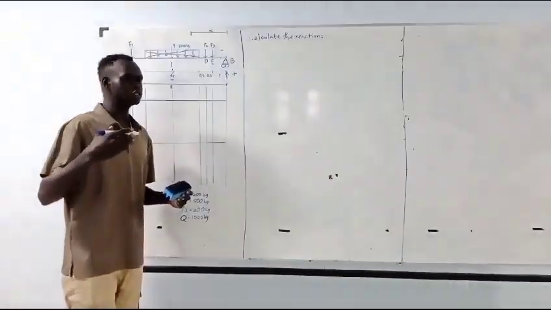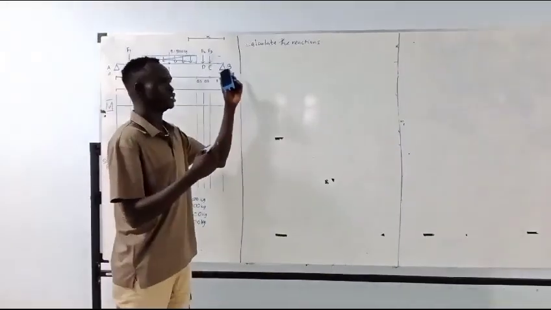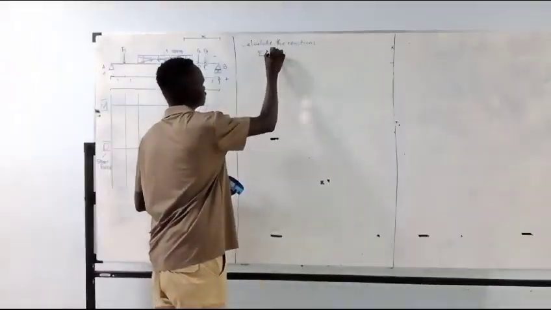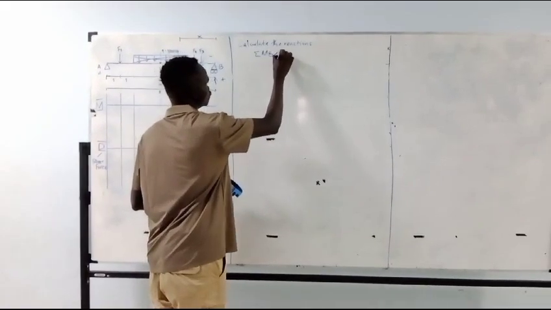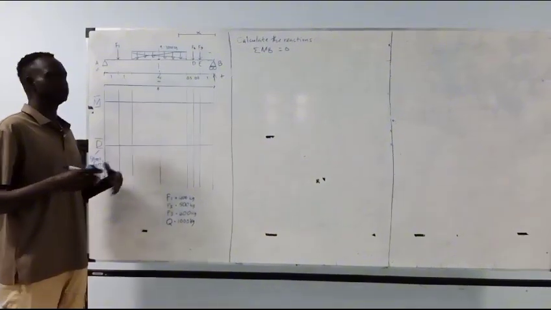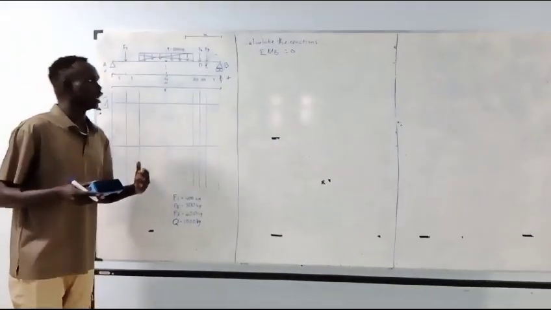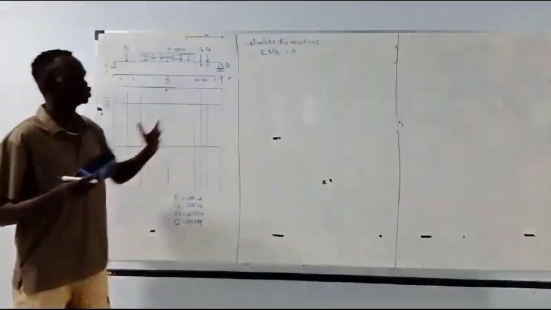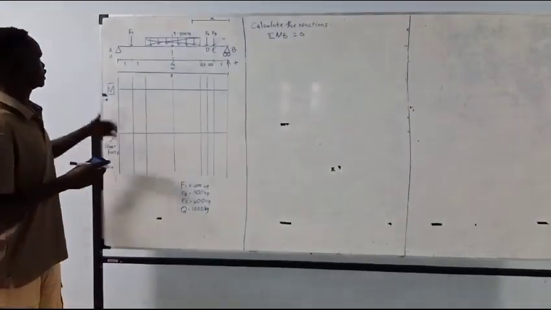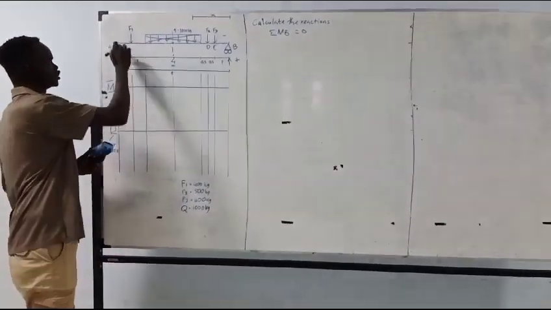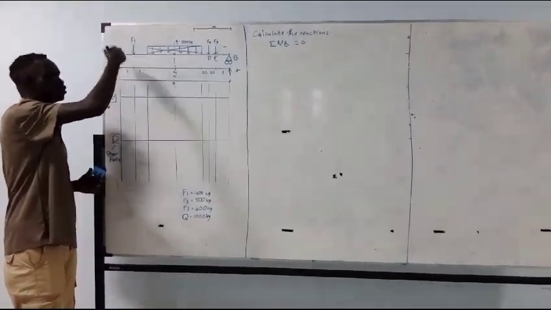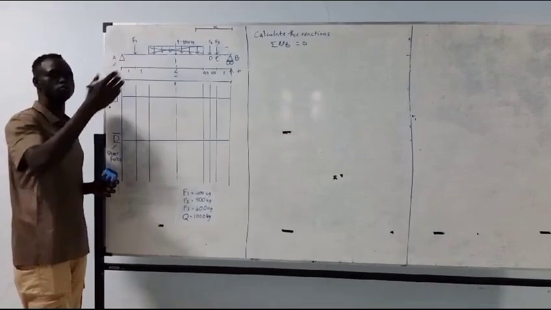I'm going to base it at point B, so the summation of moments at B, sigma MB, is equal to 0. That means I'm calculating the reaction at point A. Point A moves towards the right, meaning a clockwise moment, which is positive.